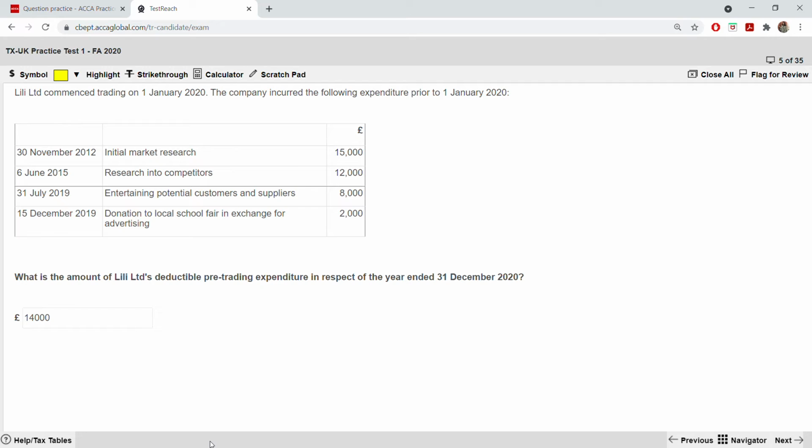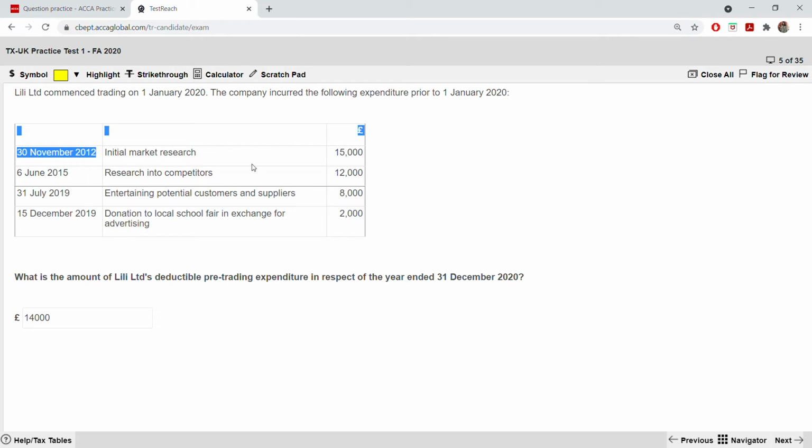Why can you not deduct initial market research? Because it was incurred more than 7 years before the commencement of trade. If you see the date, the commencement date is 1st Jan 2020, and this is in 2012. More than 7 years. Something which is more than 7 years before the commencement date, you cannot take as a deductible expenditure.